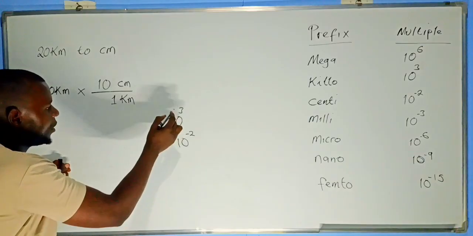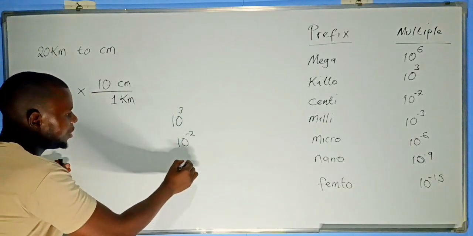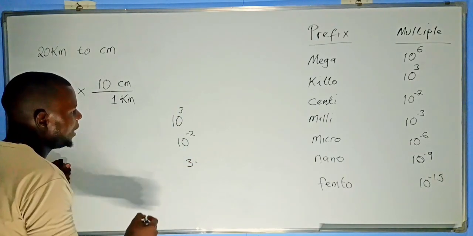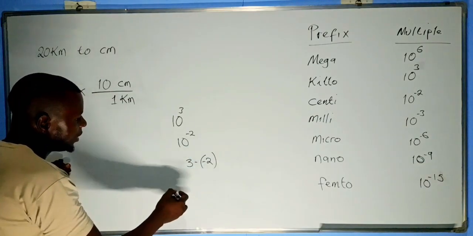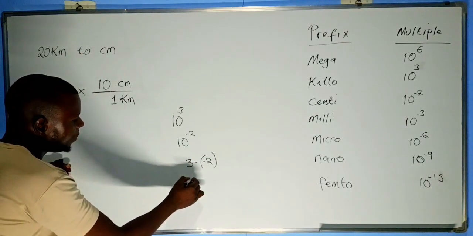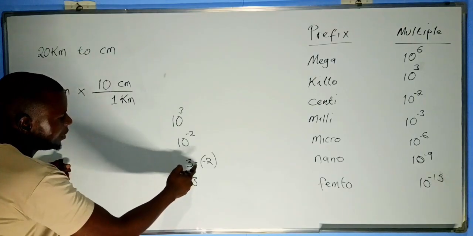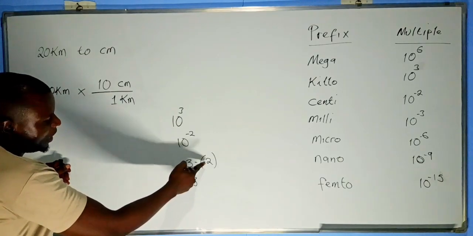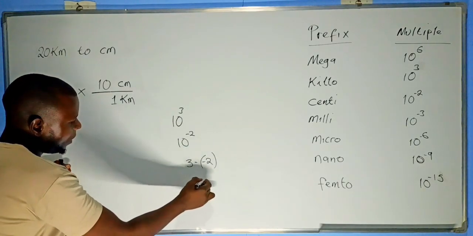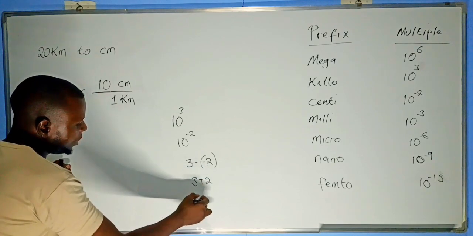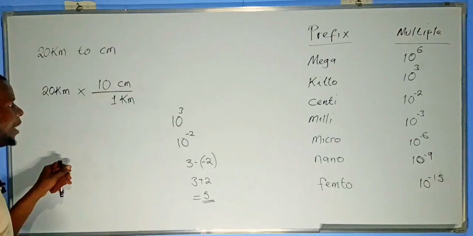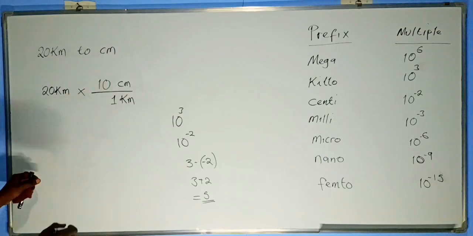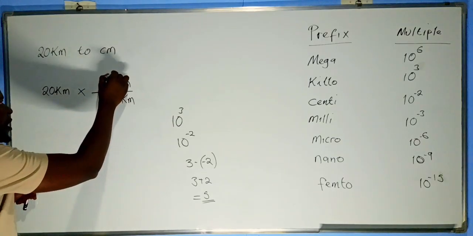In this case, 3 is greater than minus 2, so we'll say 3 minus 2. You are subtracting the smaller power from the bigger power. In this case, 3 minus 2 will give us 3 plus 2, and this will just give us a 5. This implies to say the power that we need to put there is a 5. So we introduce our power there.